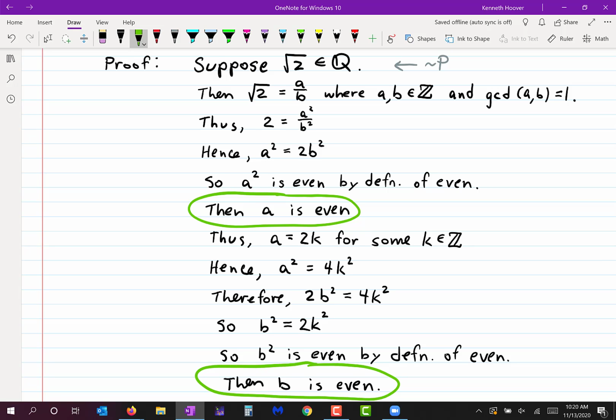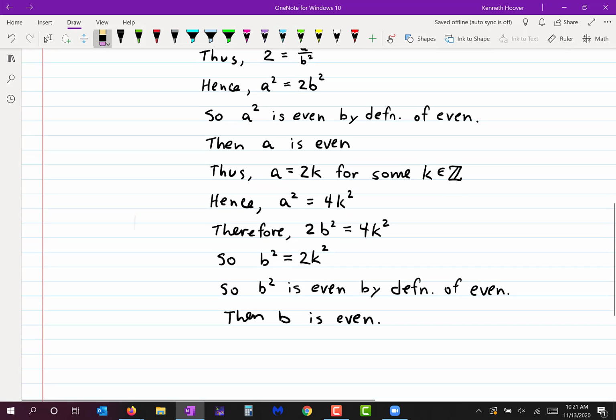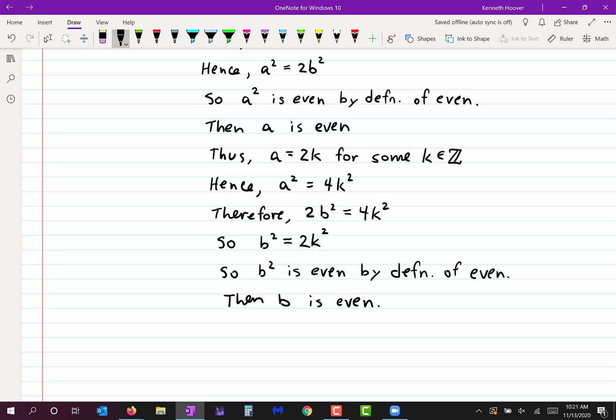So what does that mean? That means that the number 2 is a common divisor of a and b. So the greatest common divisor is at least 2, right? The greatest common divisor of a and b is at least 2, because a and b are both even.